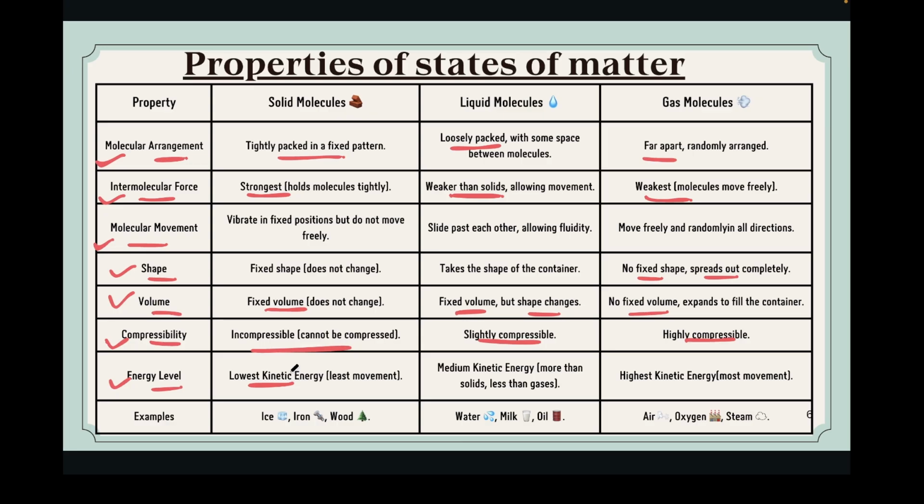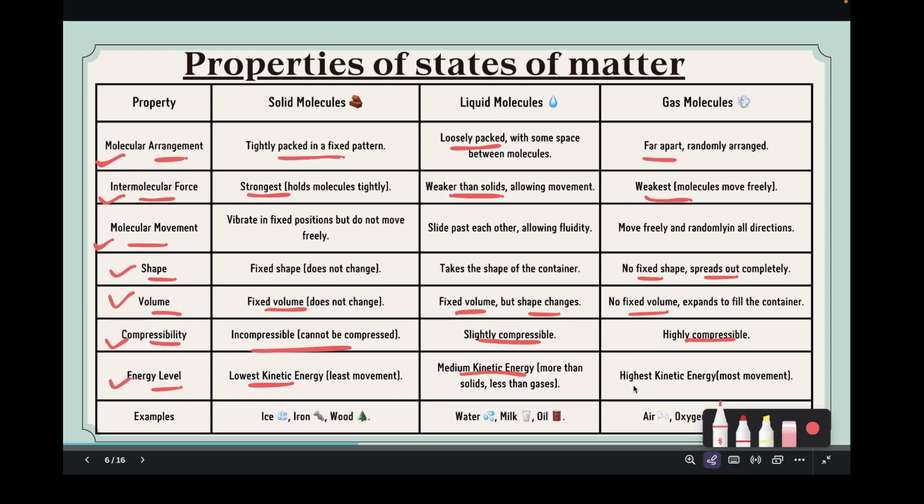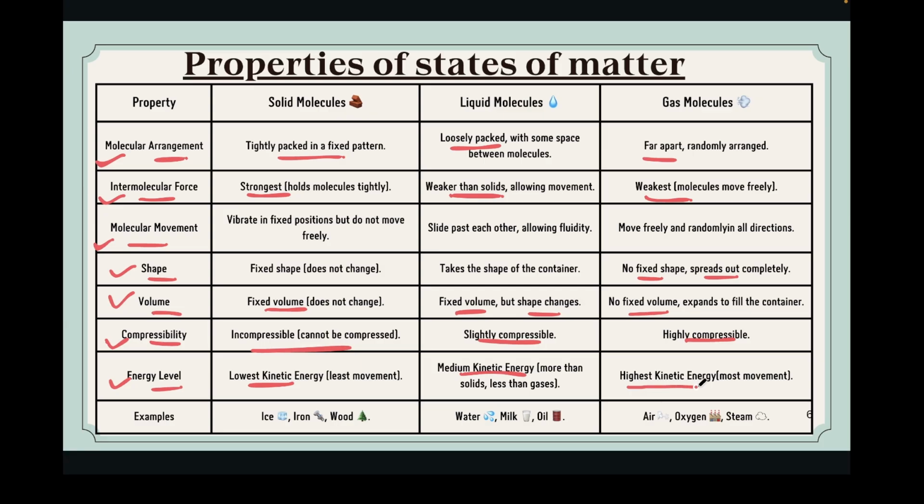In liquids, particles have medium kinetic energy, more than solids. They can move around and slide past each other, which is why liquids can flow. And in gases, particles have the highest kinetic energy. They move quickly and freely in all directions because of weak intermolecular forces.